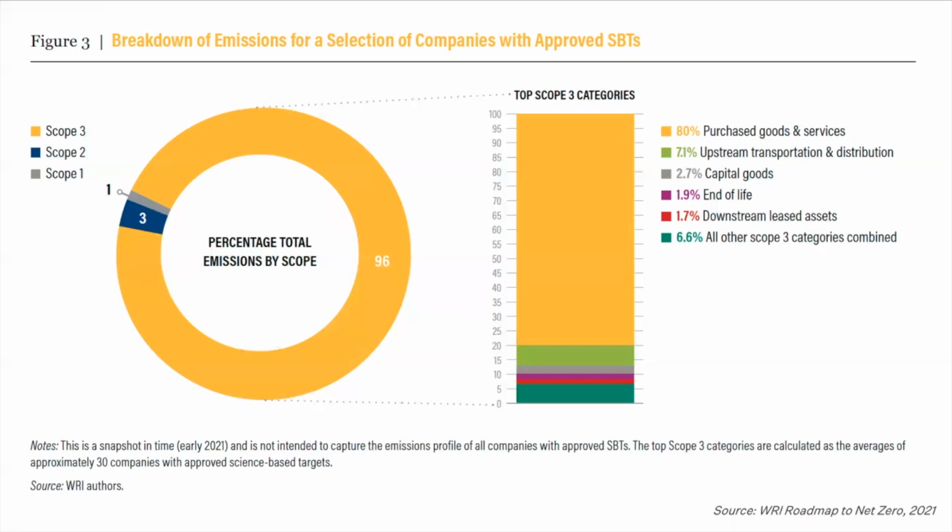So for the outdoor industry and for the broader apparel industry overall, in looking at these 30 companies that have approved science-based targets, it averages out to companies typically having about 96% of their total greenhouse gas impacts occurring in scope 3.